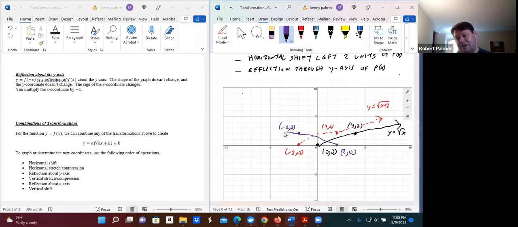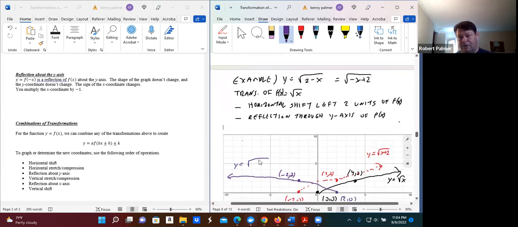So it should have exactly the same shape, even though I can't draw it perfectly well. And it's just a reflection, once again, through the y-axis of this graph. So if I can take this red graph and twist it through the y-axis, I would get this shape right here. So this is going to be y equals the square root of negative x plus 2, which you can write either way.